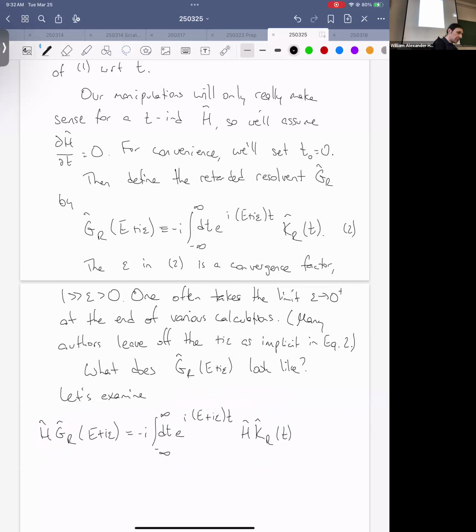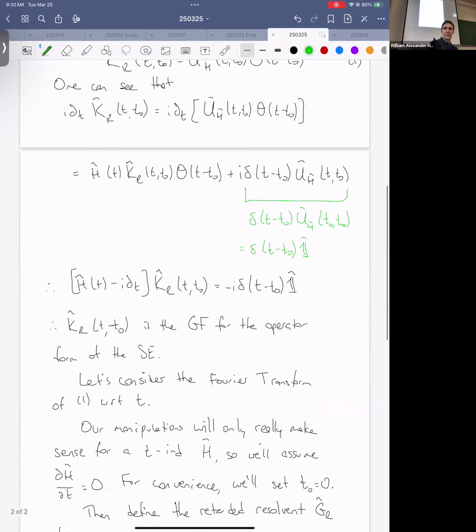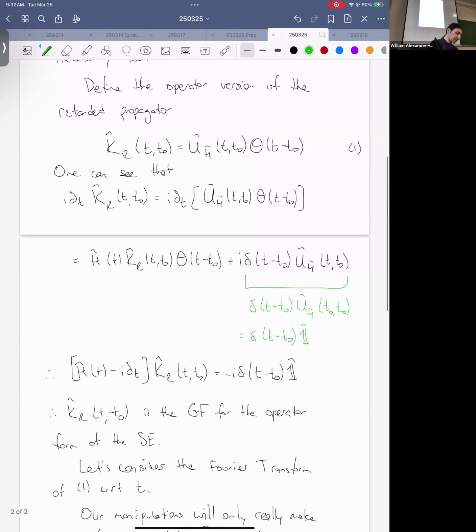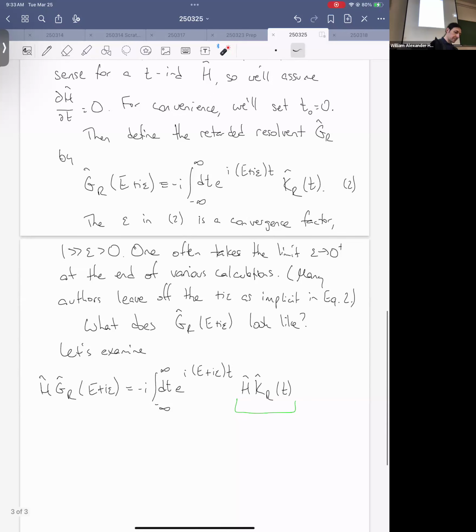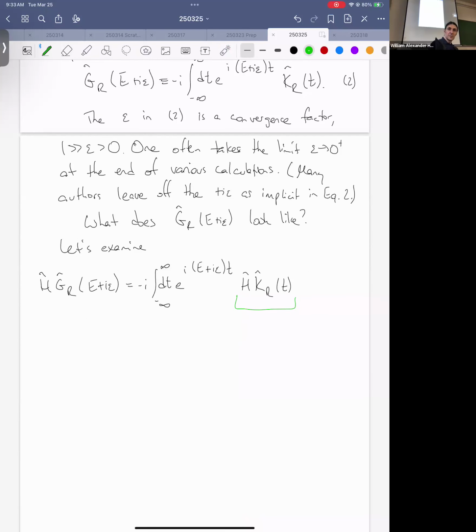We see that the Hamiltonian hitting the retarded propagator operator spits out a minus i delta(t) identity plus i partial t retarded propagator operator. So this gives me a minus i delta(t) identity operator plus i partial t retarded propagator operator.